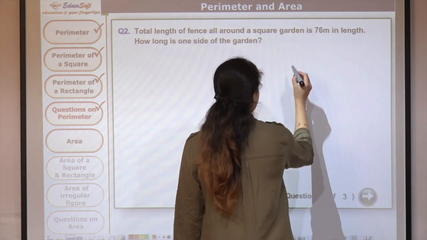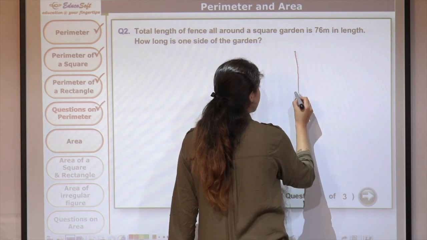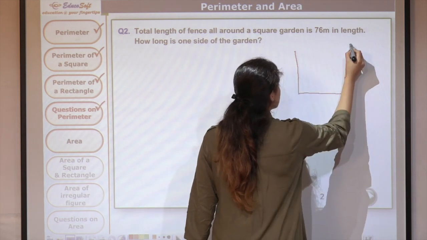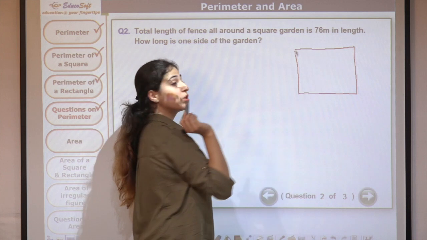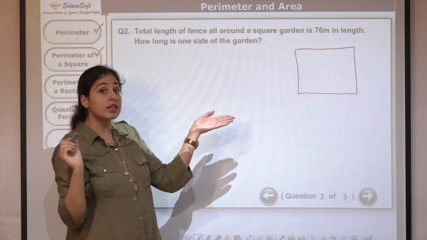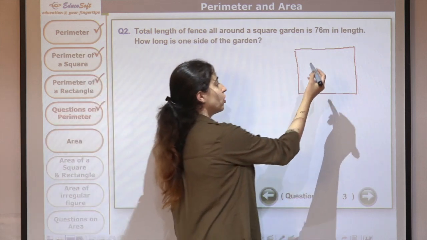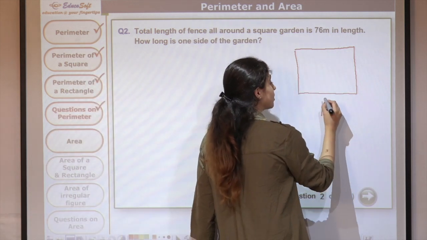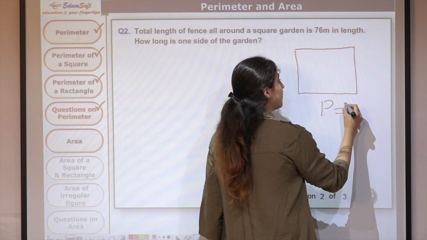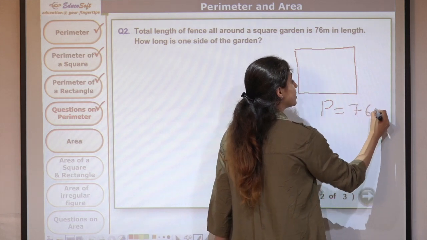Let us draw a square. A square has all its 4 sides equal. We are given the length of the fence here. So, we are given the perimeter. The perimeter is 76 meters.